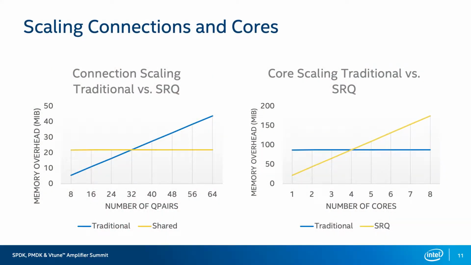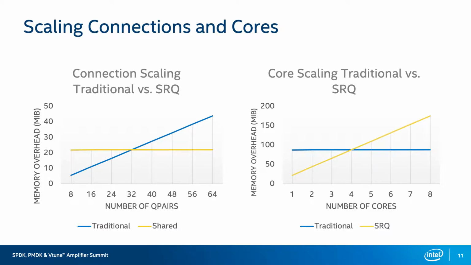So just to give you an idea of what this looks like, on the left, I have a situation where you're keeping the number of cores constant, but continually adding new queue pairs. So as you can see on the shared receive queue side, you're basically pinned. But without it, as this goes up, you can increase quite quickly.